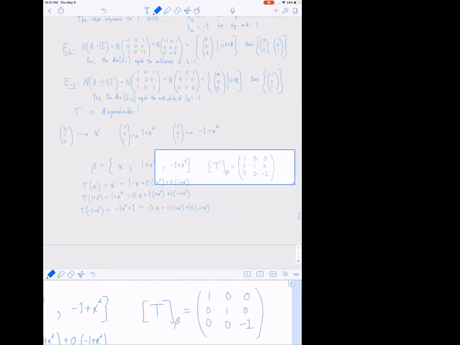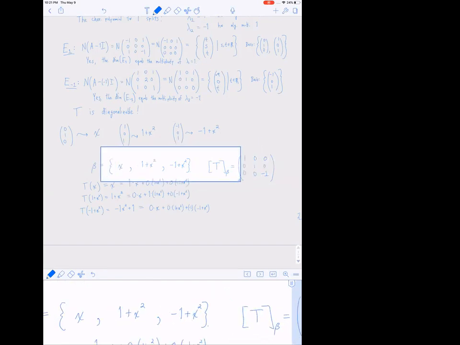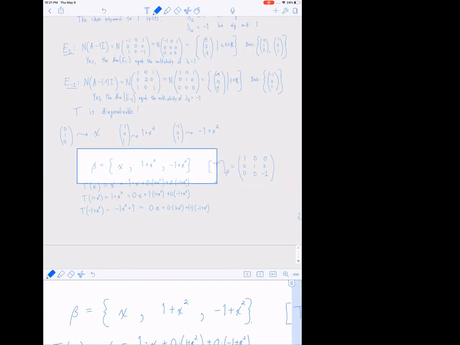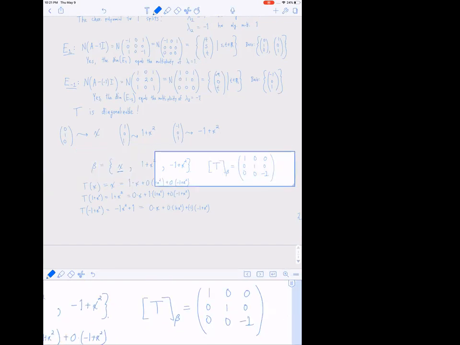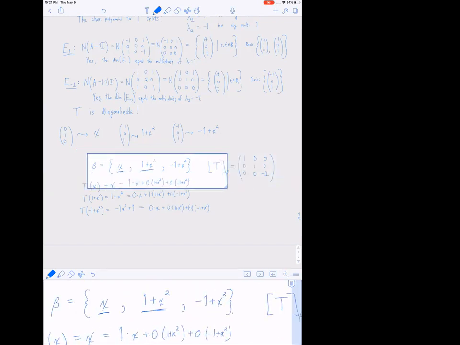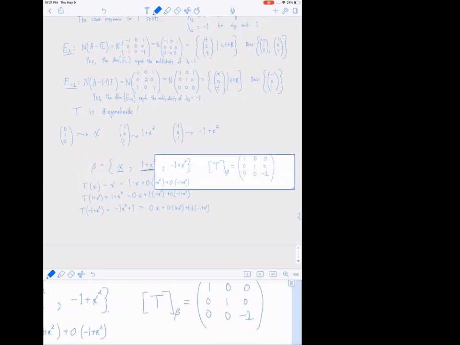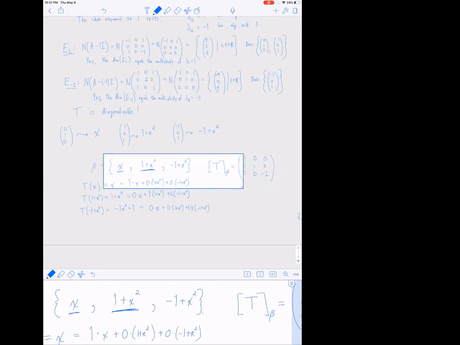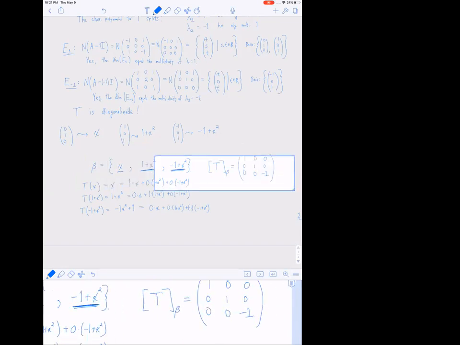Notice not only is that a diagonal matrix now, but the values in the diagonal entries are the eigenvalues, and they come in the corresponding order that we wrote the basis vectors beta in. The eigenvalue of x was 1, so 1 is the first diagonal entry. The eigenvalue of that vector was also 1, so 1 is in the second entry of the diagonal. And the eigenvalue of this vector was minus 1, which is why we have minus 1 in the third entry.